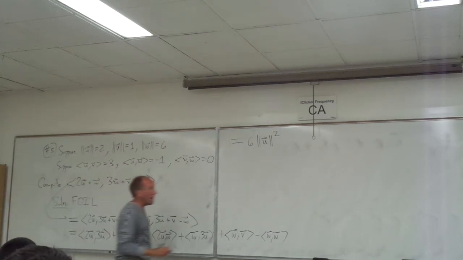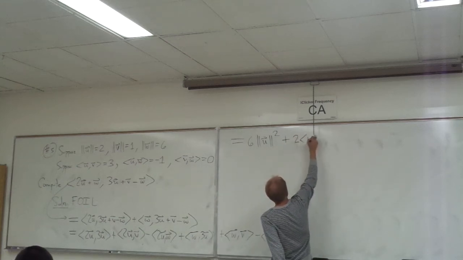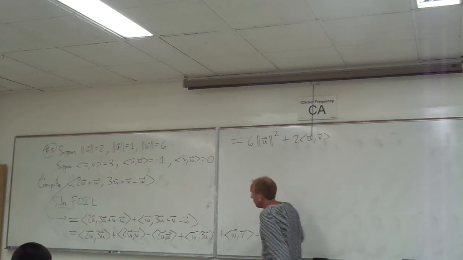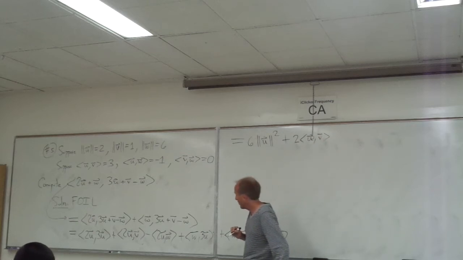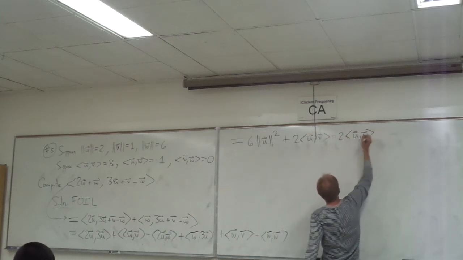Okay? The second term has a 2 in front of it. I can take the 2 out. It leaves me with the inner product of u with v. Then the next term also has a 2. I have a minus 2 times the inner product of u with w.